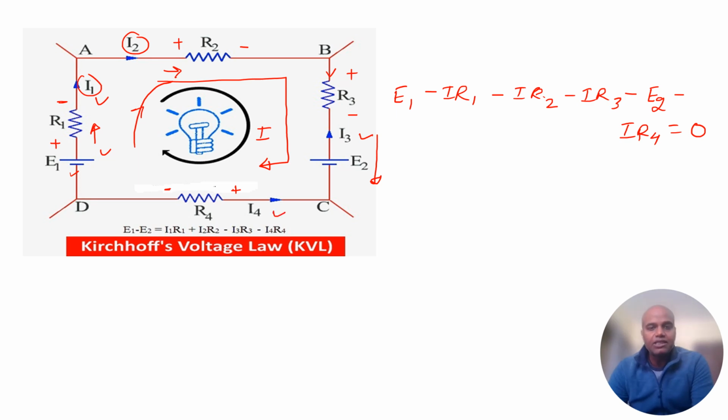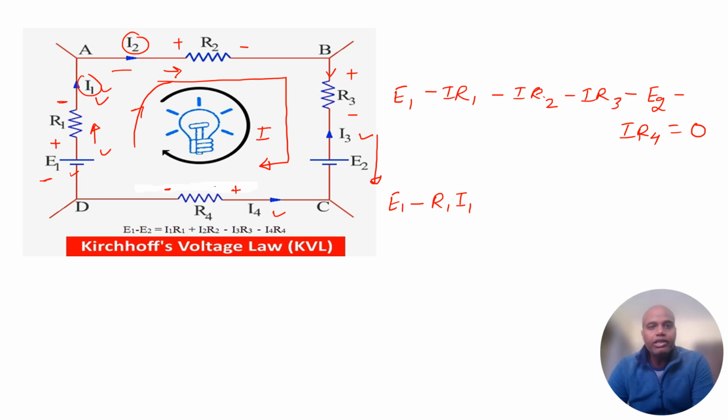If the current directions are already given and we need to form a KVL equation, I start again from E1, so this becomes E1, and the current through R1 is I1, so minus R1 into I1.